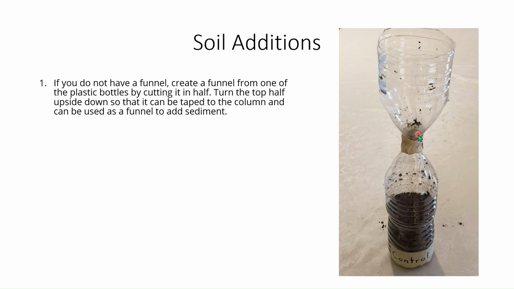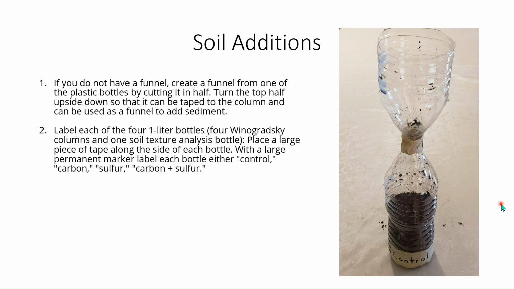This is wonderful because the hole is exactly as big as possible. And so you're going to be able to more easily fit your soil down the hole if you do use this method. I recommend taping it just to make it a little bit cleaner. And then you can kind of wiggle it off and the tape will remain on the funnel. And you just use it as a collar to reattach it to the next bottle as you add your soil.